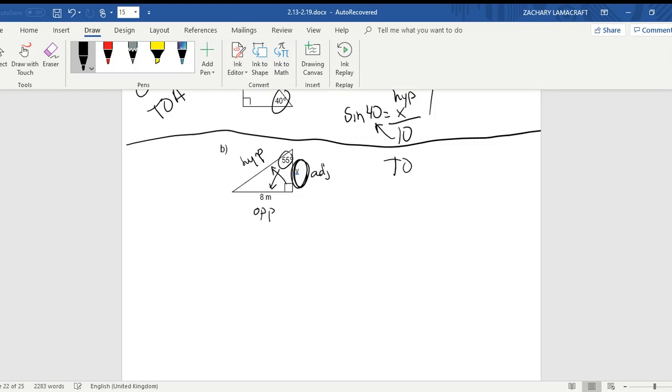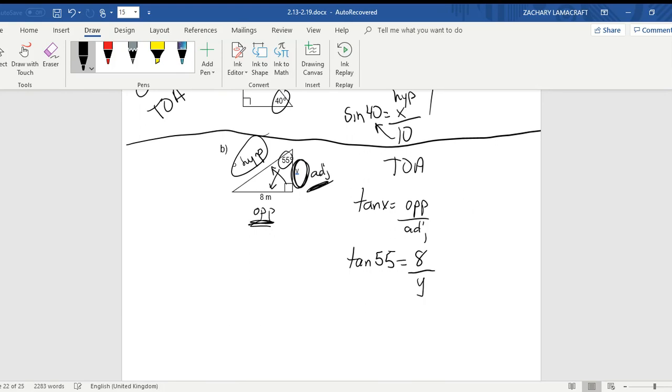Yep, you are correct. It is TOA because we want to find the adjacent. We don't know the hypotenuse, but we have the opposite, so we can help ourselves with it. So it's going to be tan x is equal to the opposite over adjacent. We can begin to fill them in. So it would be tan 55 is equal to 8 over y in this case.